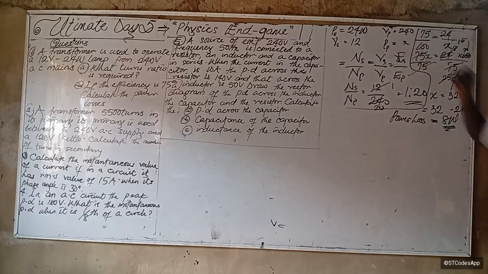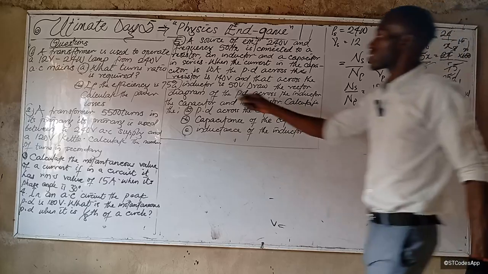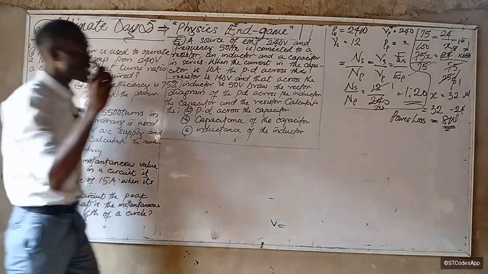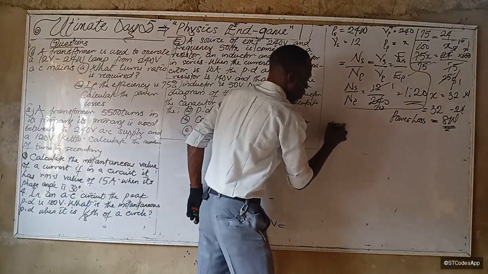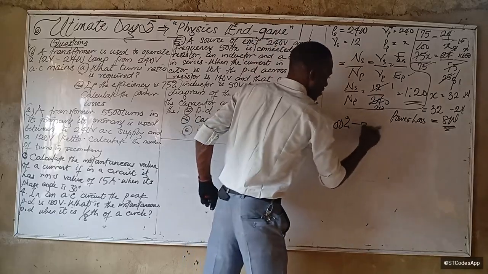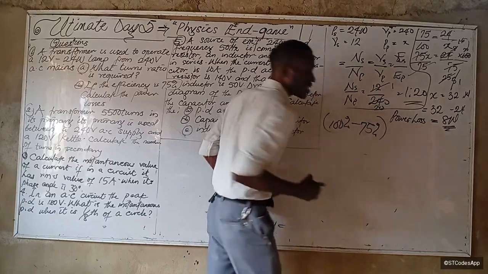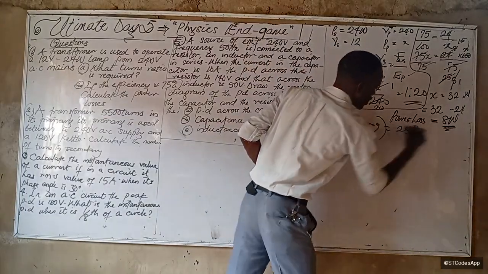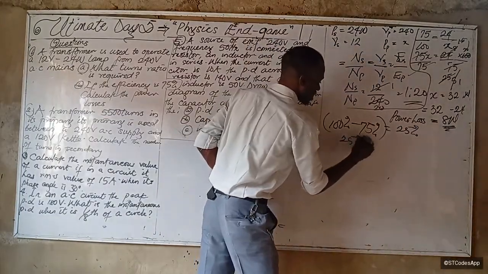It's not 240, it's 24. So the efficiency is 75%, and it's delivering 24 watts. So 100% we don't know, right? But it's delivering only 75%. So the amount that is not delivering is the waste, isn't it? That's 25%.